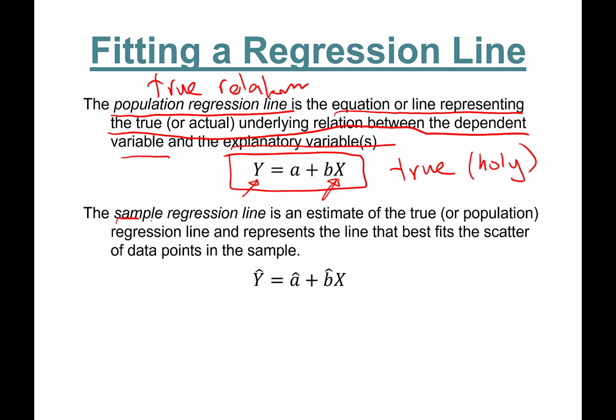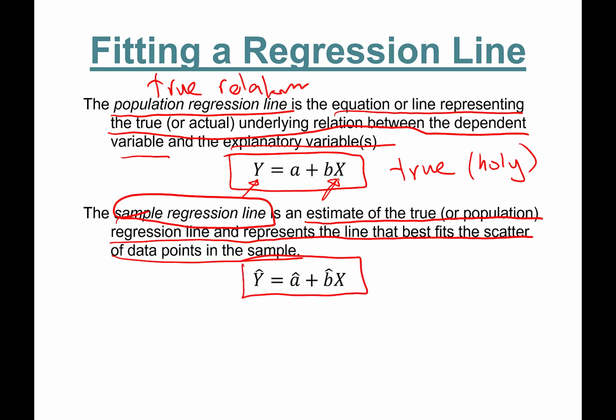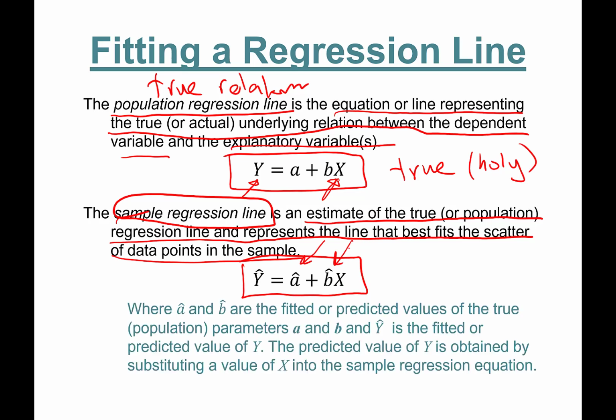Alright, so we also have the sample regression line. This is going to be the estimated model. It's an estimate of the true population regression line and represents a line that best fits the scattered data points in the sample. So we're going to have y hat equals a hat, the parameter estimate, plus b hat times x. Okay, where a hat and b hat are the fitted or predicted values.